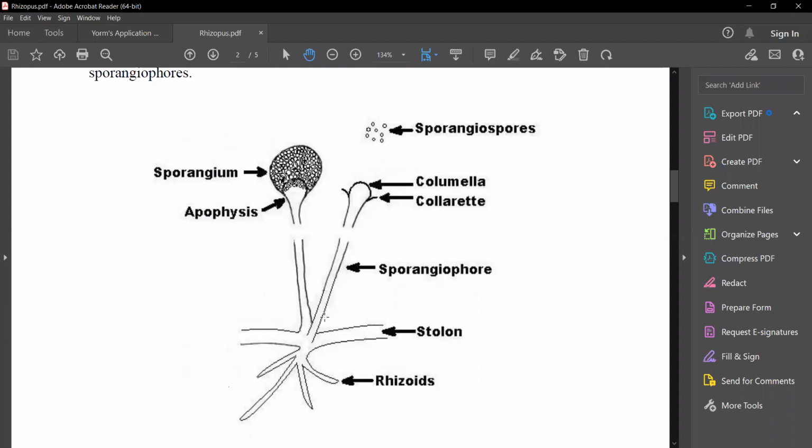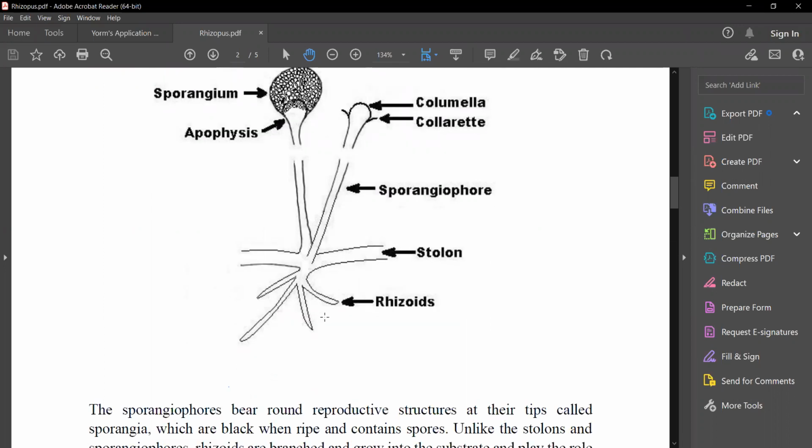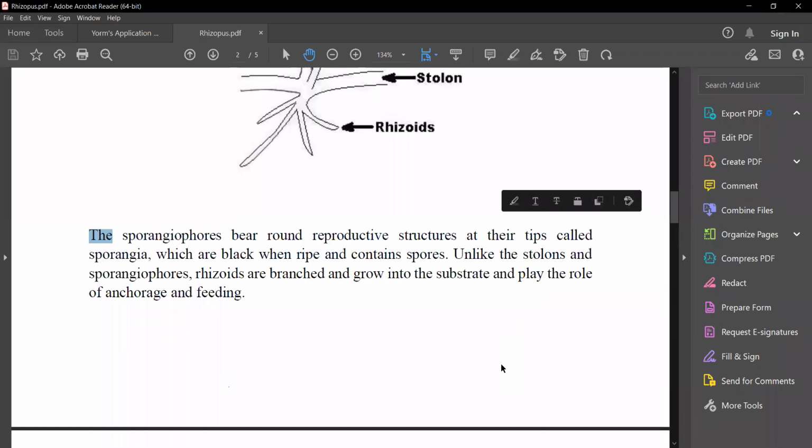These spores play the roles of seeds, let me say it that way, but they are not seeds. Let's take note. At maturity, the sporangium develops these spores and forms the columella, and when it's ripe enough and finds a suitable substrate, it ruptures open, releasing the spores onto the suitable substrate. So that's the whole thing about the Rhizopus. What I'll need you to do is learn how to draw a Rhizopus and properly label it. It mostly comes up.